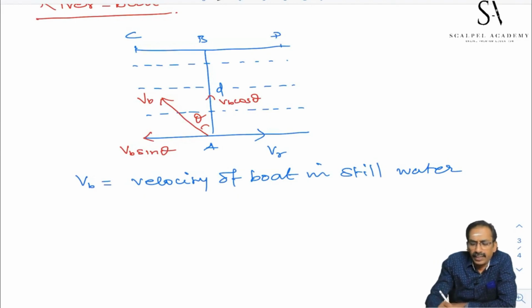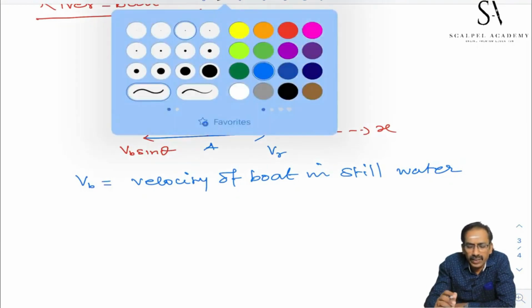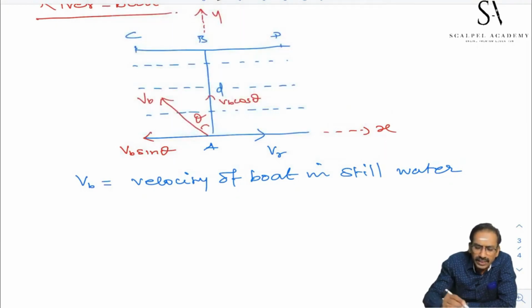Shall I take downstream along the x-axis, and normal to the river the y-axis? I take it like this. Okay, students, what is the resultant velocity of the boat along the x direction?